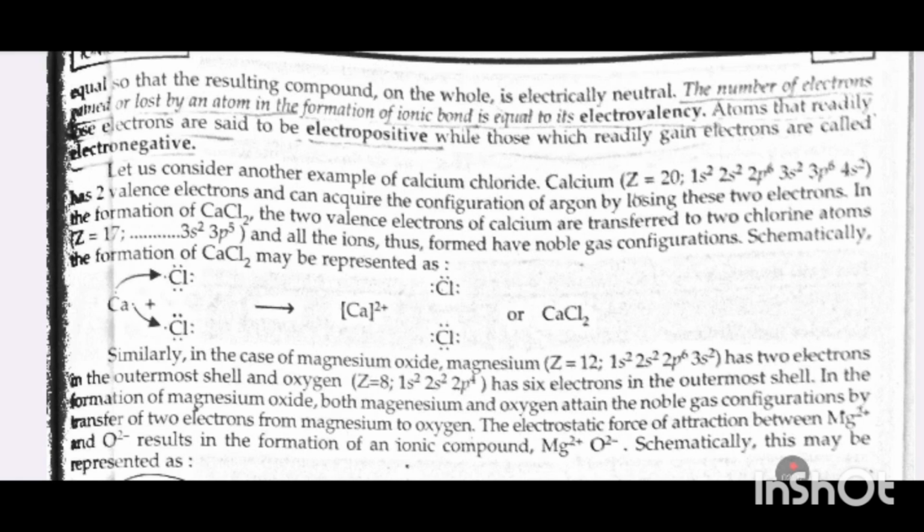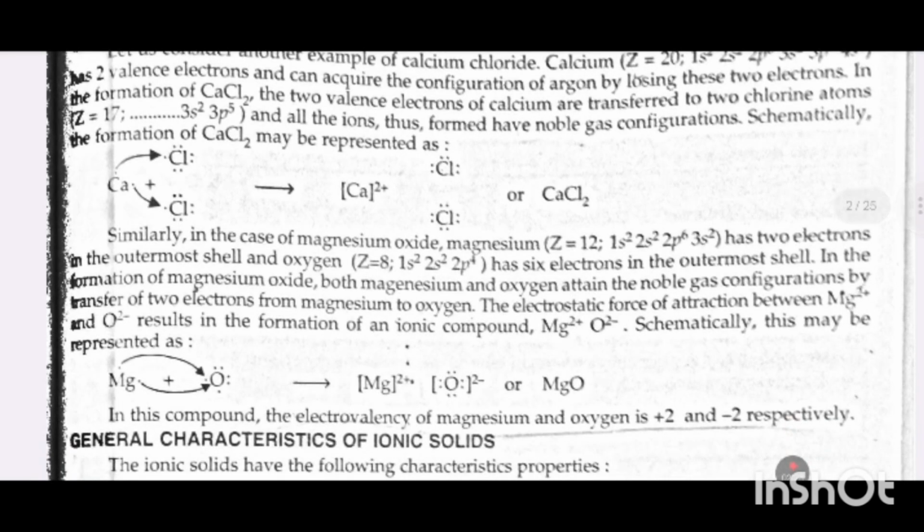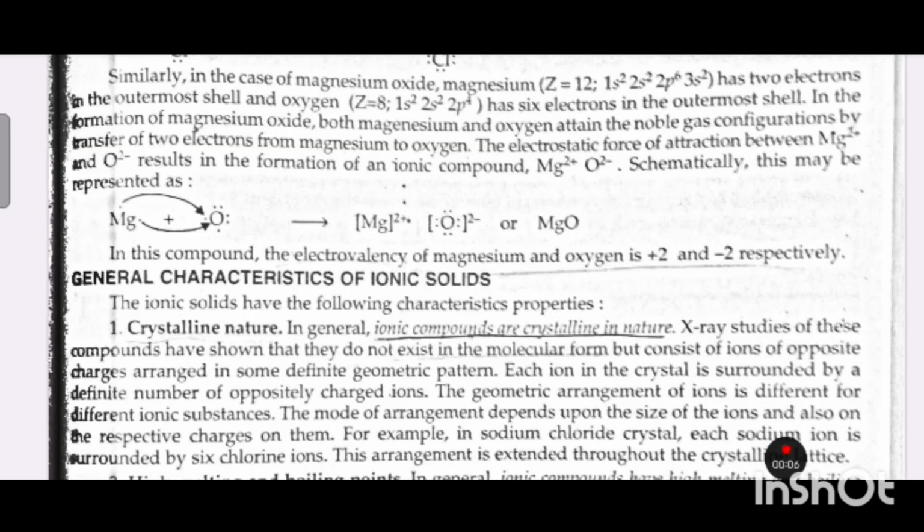In the formation of calcium chloride, the two valence electrons of calcium are transferred to two chlorine atoms, Z equals 17, 3s2, 3p5, and all the ions thus formed have noble gas configurations. Schematically, the formation of CaCl2 may be represented as.